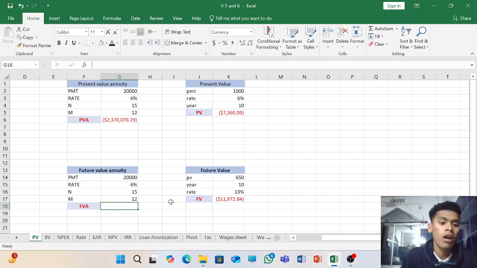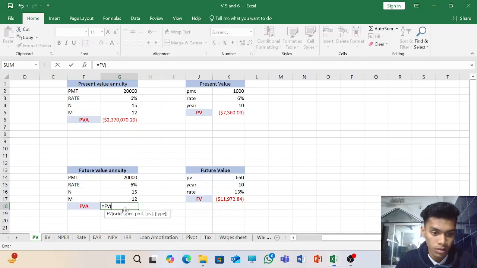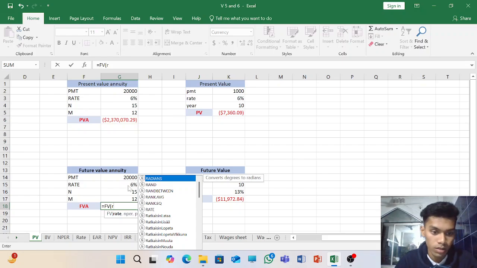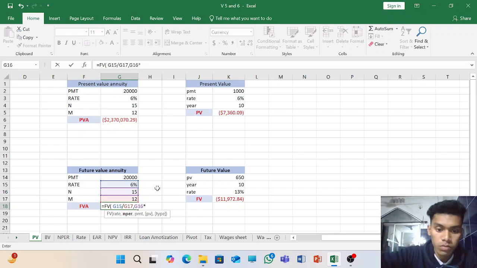Now the future value of annuity. This is the same process as the present value of annuity. Rate divided by month, comma, period times month, comma, PMT, bracket close and enter.